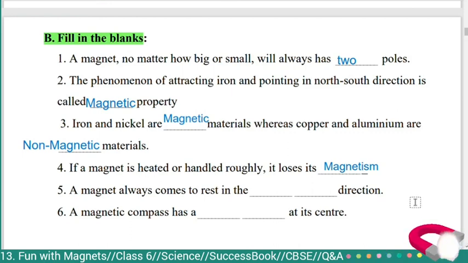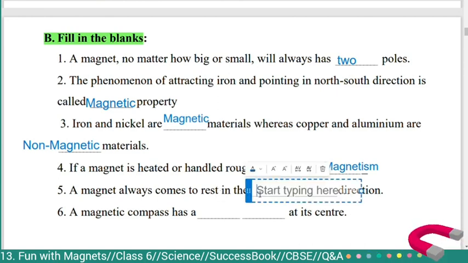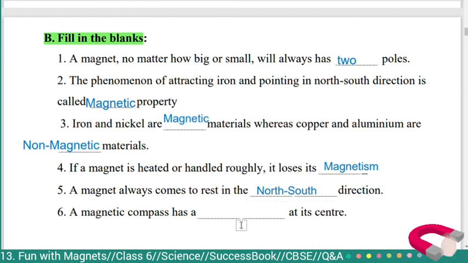Fifth one, a magnet always comes to rest in the north-south direction.